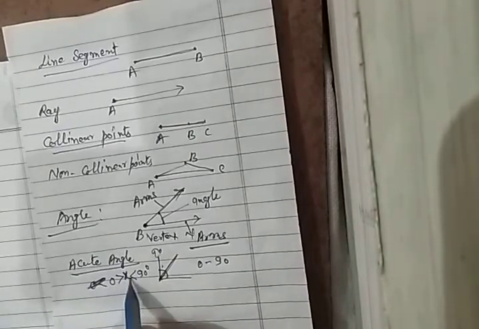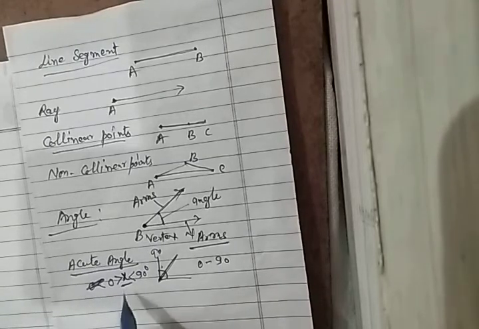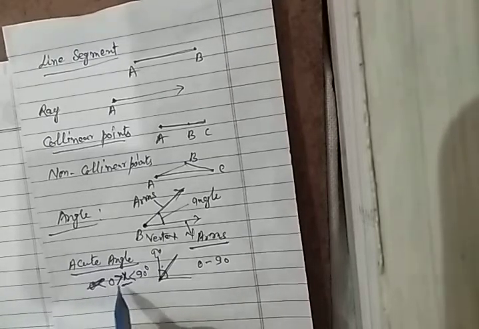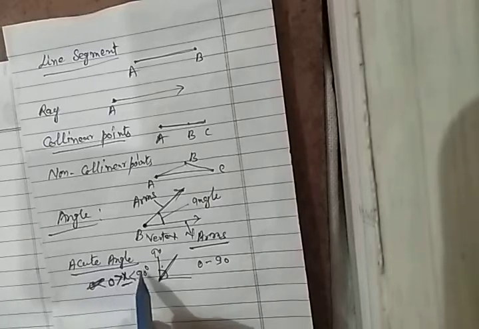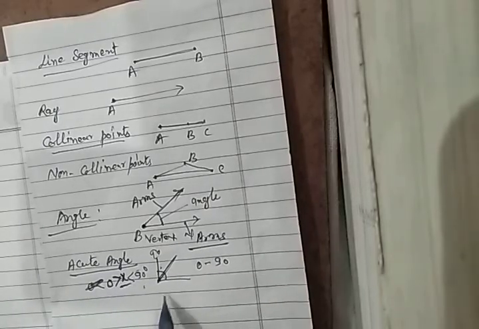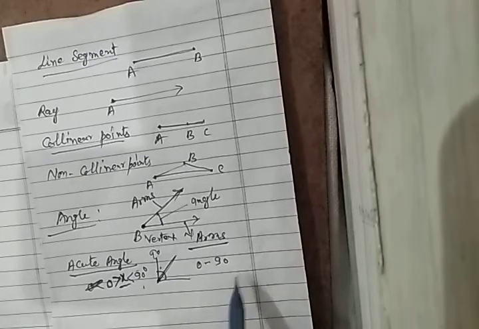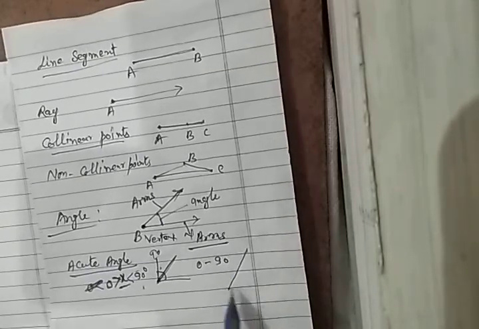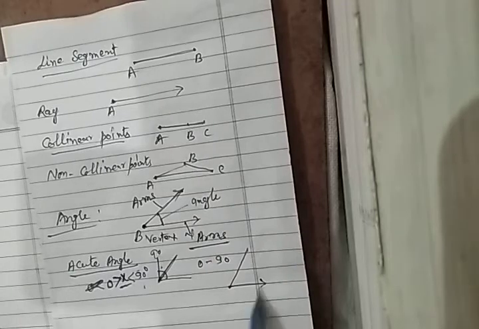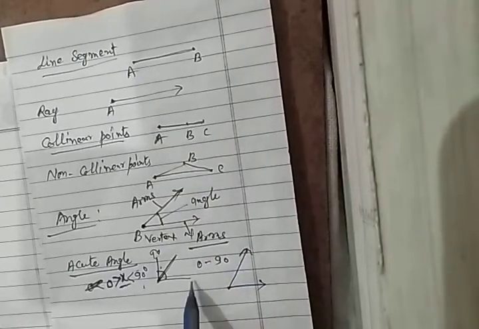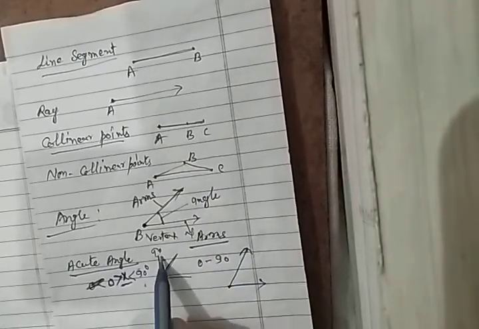Here is an angle X. This is greater than 0 and less than 90 degree. It is known as acute angle. We can draw this in this way.